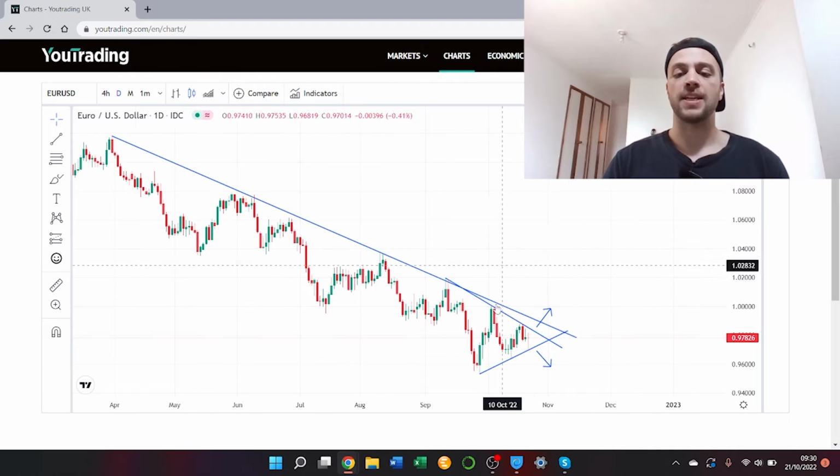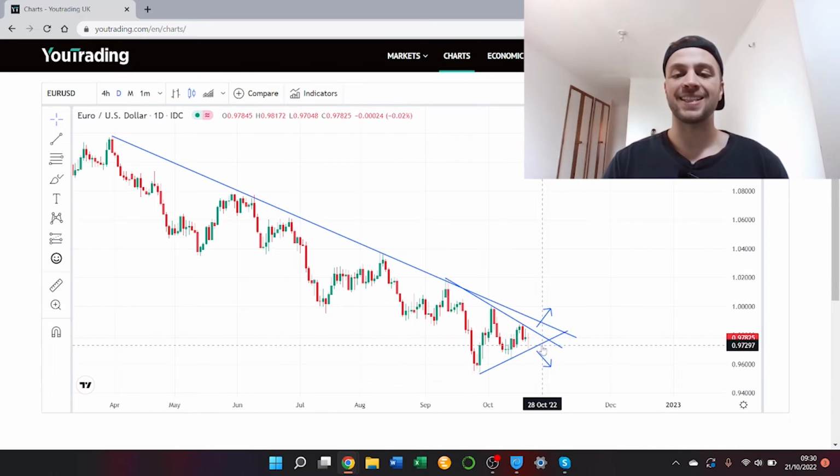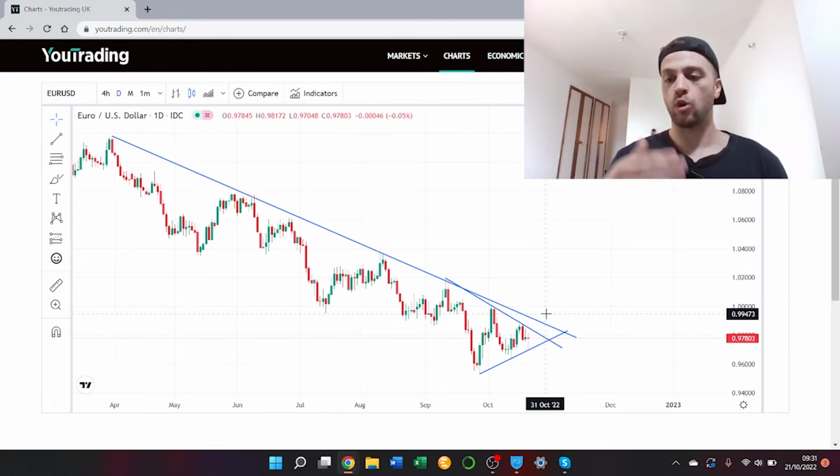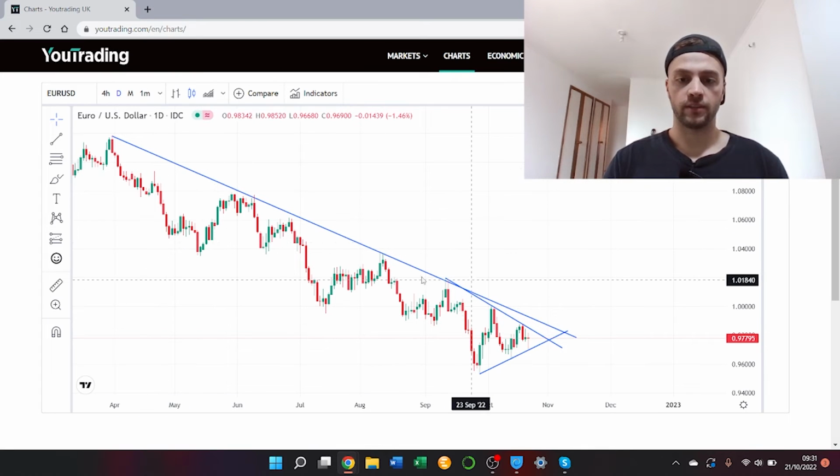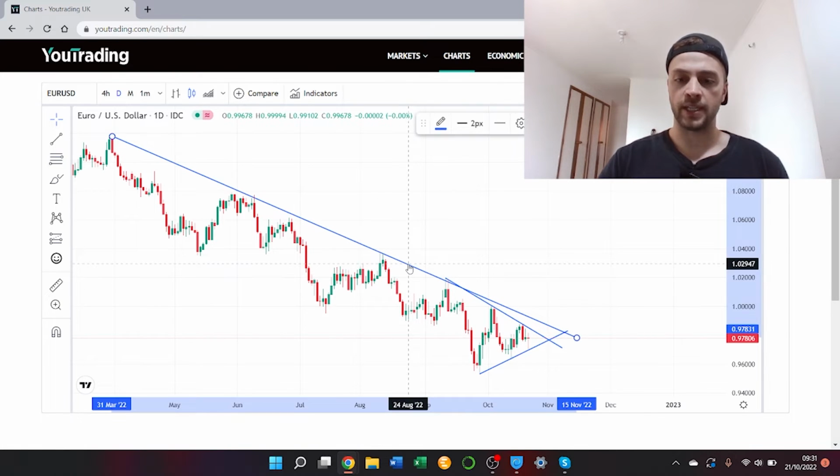So it makes sense to me that if there was going to be a break, it would probably be to the downside. But with these pennants, it's a question of waiting, watching the break happen, and then trading the retest. So let me get rid of this line and talk about what I mean there.